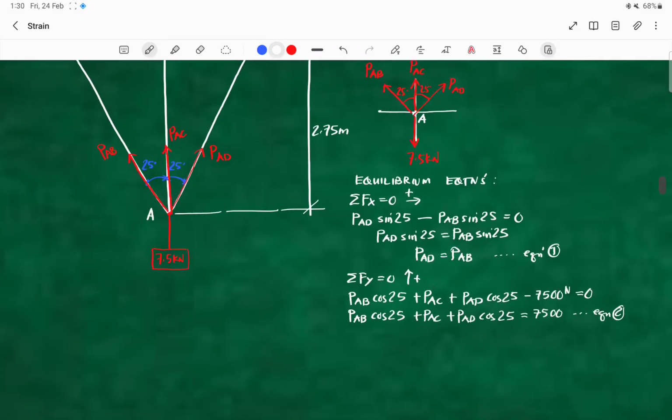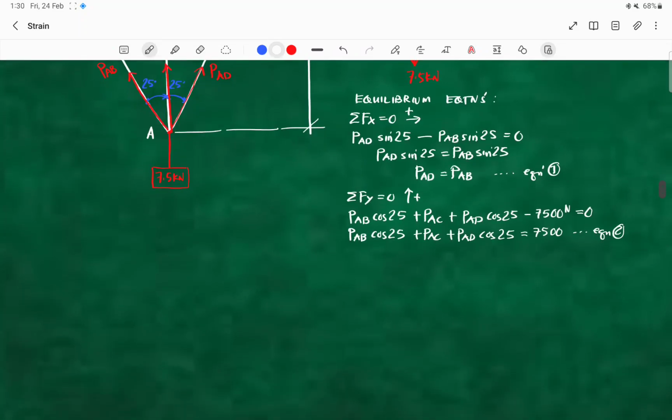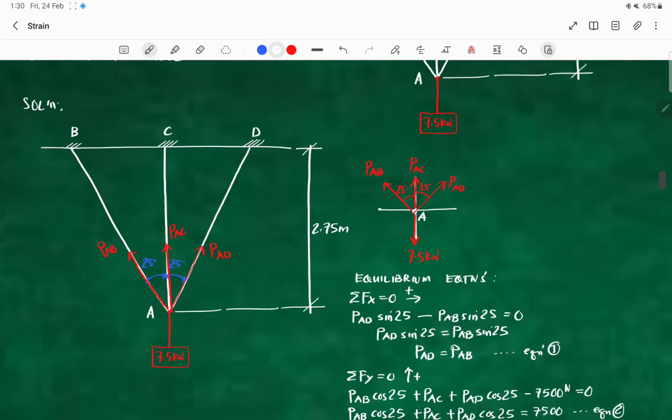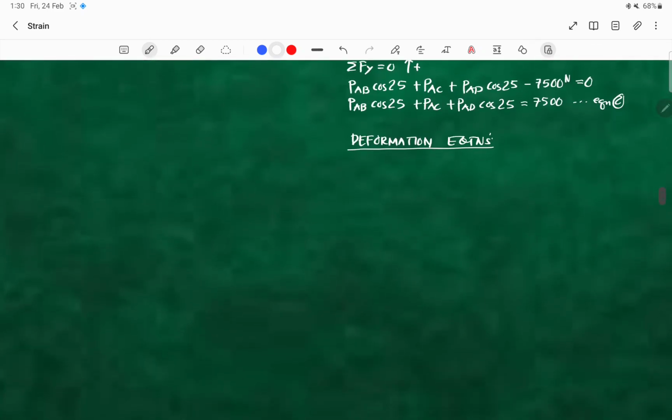So, ngayon, this is strength of material. So, hihingi tayo ng tulong ni deformation. Okay? Ngayon, sa deformation na part, and deformation equation, no? Hihingi tayo.